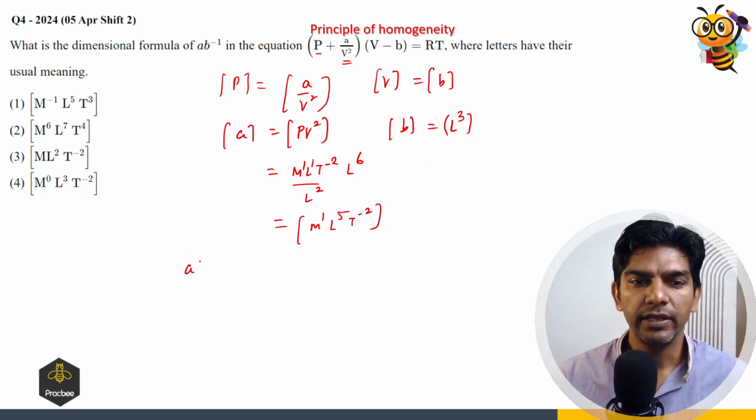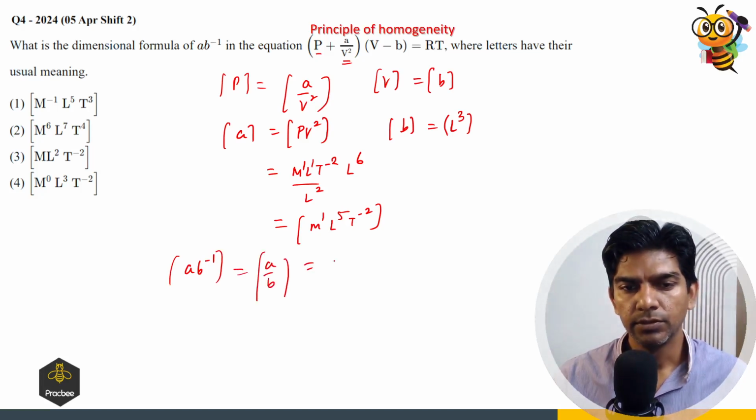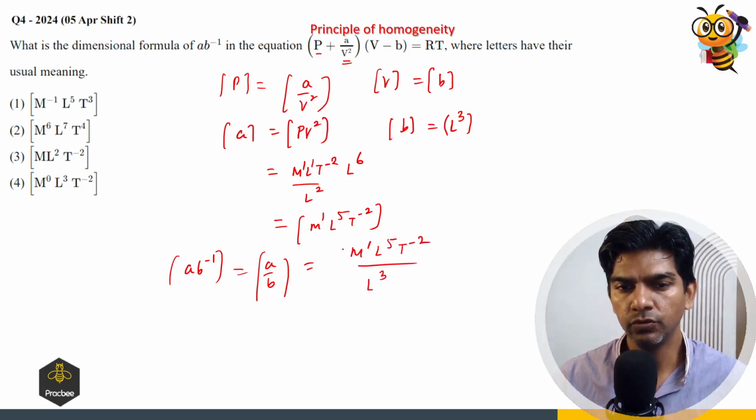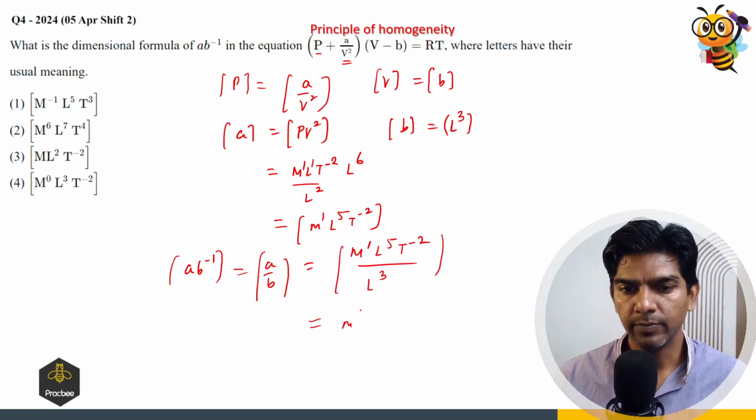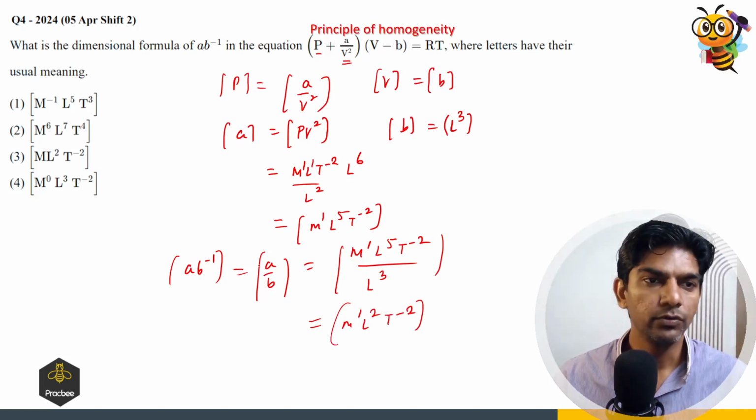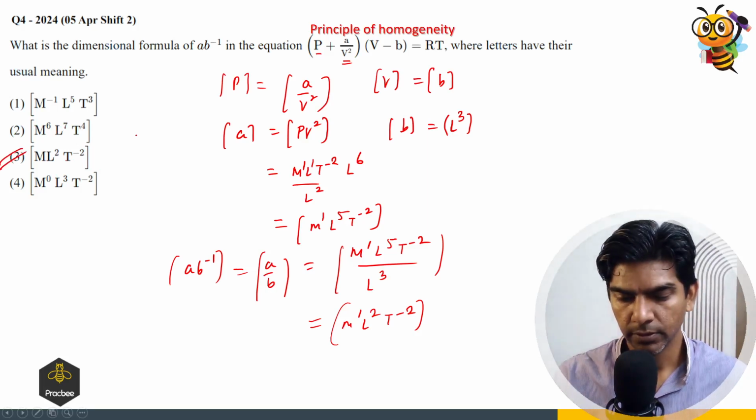We have to find a b raised to power minus 1, which is nothing but a by b. So a by b will be M raised to power 1, L raised to power 5, T raised to power minus 2 divided by L cube, which comes out to be M raised to power 1, L raised to power 2, T raised to power minus 2. So 1, 2, minus 2, option 3 is the right answer.